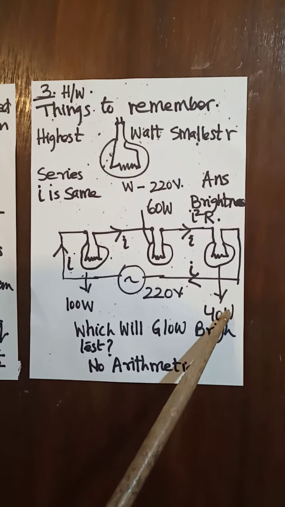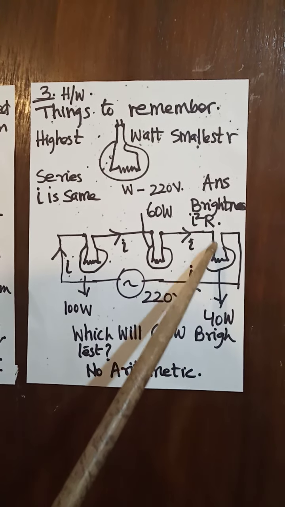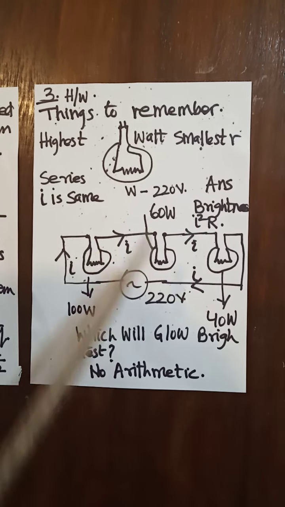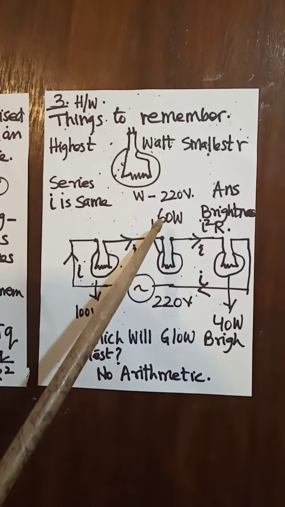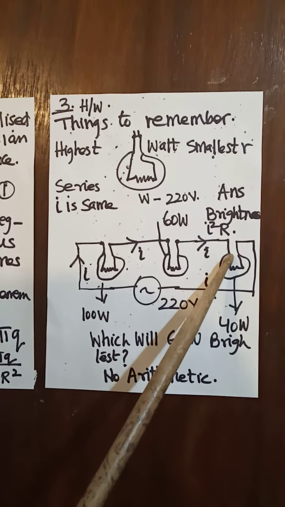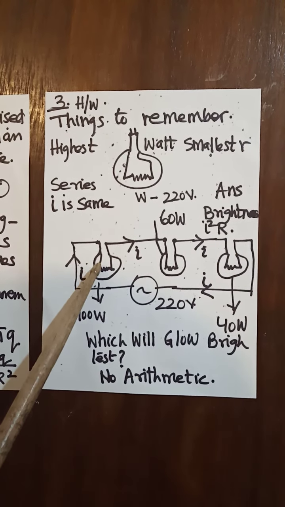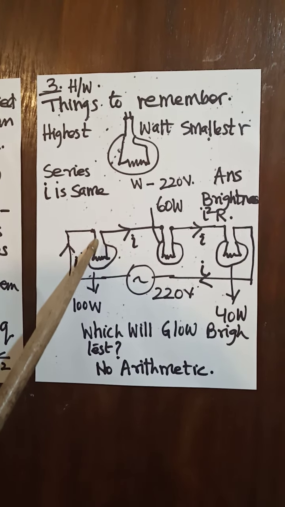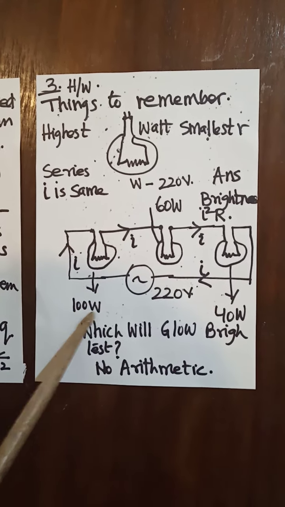The 40 watt. Why? 40 watt has got the largest R. 60 watt medium, so the brightness will be between 40 and 100, and then the most dim bulb will be 100 watt.